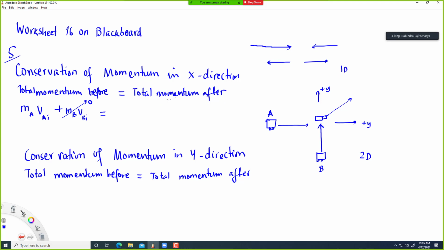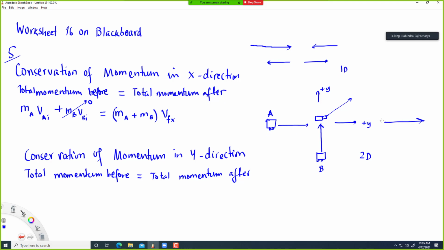Total momentum after collision. After collision, it's combined mass, so m_A plus m_B, and then along x direction the velocity is v final x. So we are only talking about this direction.